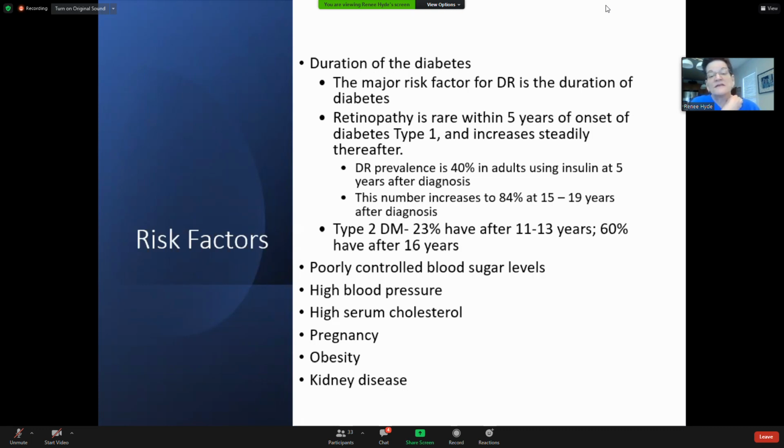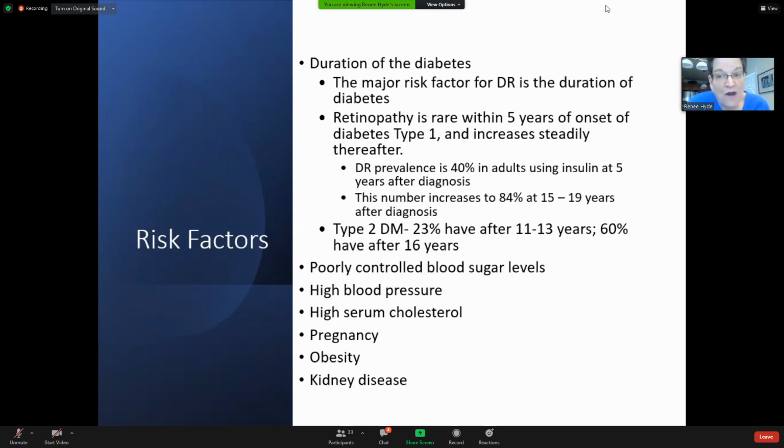Now, there is a risk factor for diabetic retinopathy with poorly controlled blood sugar levels, meaning that they don't follow their diet, they don't take their medication as ordered. But guys, I'm going to tell you, it even happens with patients that do have good control.